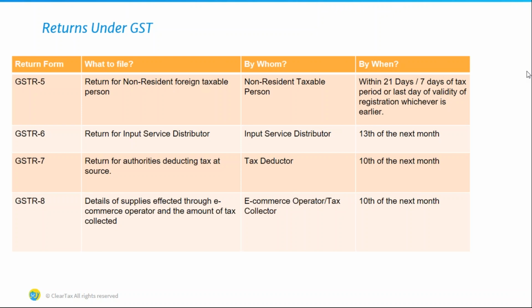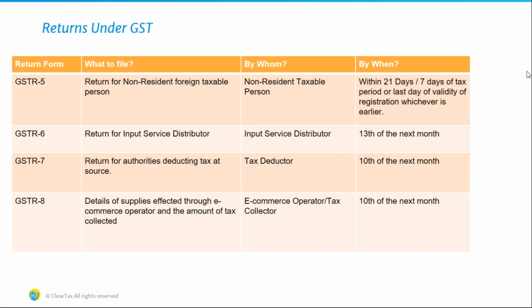And in case it is a one-time transaction wherein a contract has been entered into and the supplies have been made and a casual registration was obtained, in such scenarios the non-resident person has to file the return within 7 days of the validity of registration. For example, the foreign taxable person has to file 7 days before the day the registration ceases to exist. So that is GSTR 5.